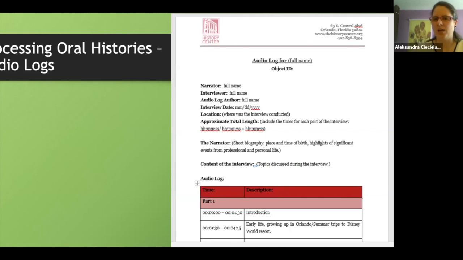On the top, you can see we include the full name of the narrator, audio log for the narrator, and the object ID. When we accession the interview as an artifact, as an object in our museum, it is assigned an object ID, so we also include it there.